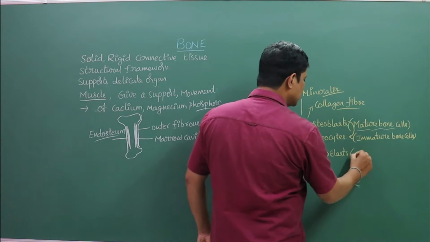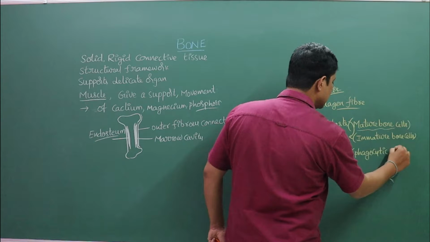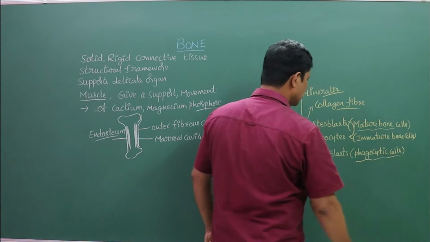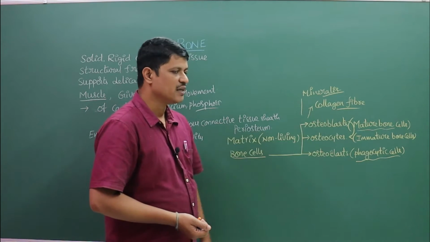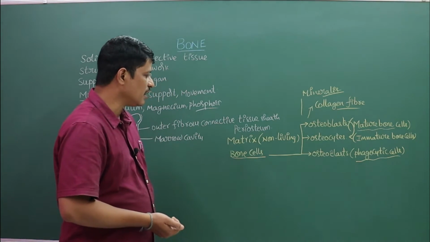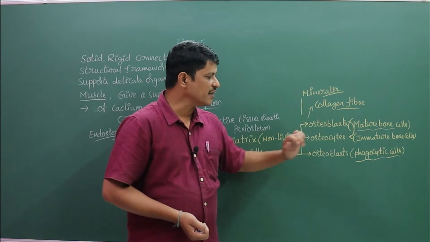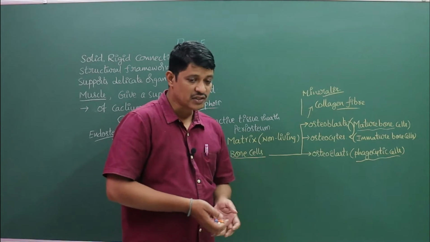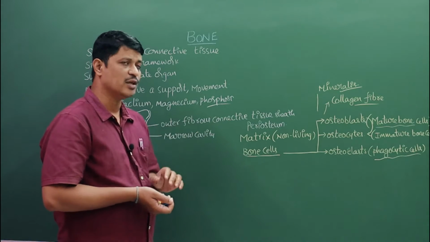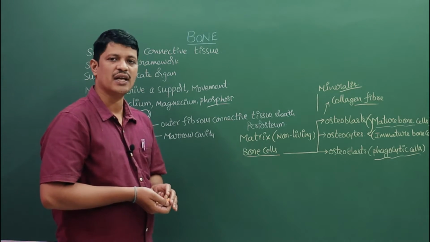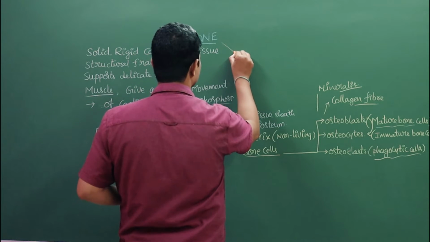The phagocytic cells of the bone are known as osteoclasts. These are three different types of cells in the bone: osteoblasts are mature bone cells, osteocytes are immature bone cells, and osteoclasts are the phagocytic cells.